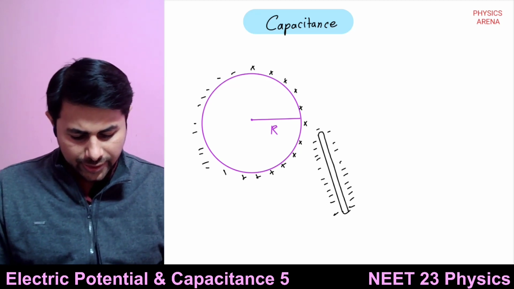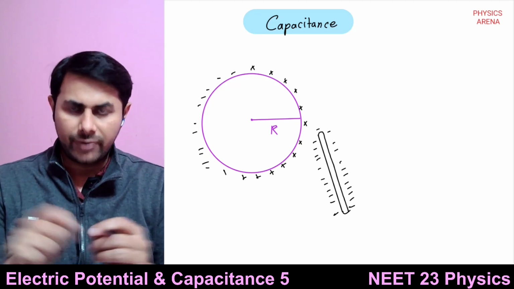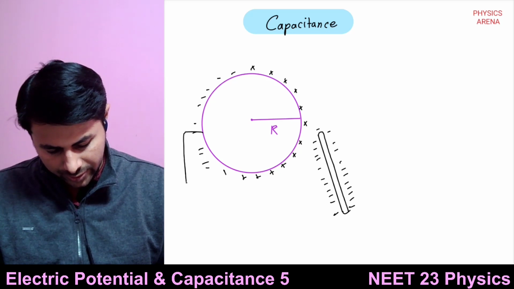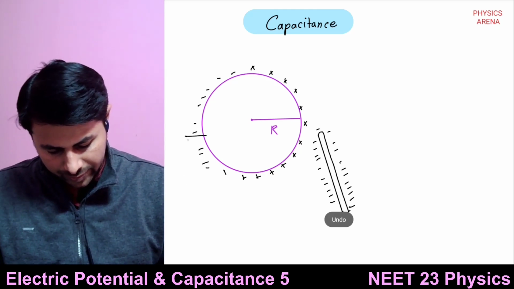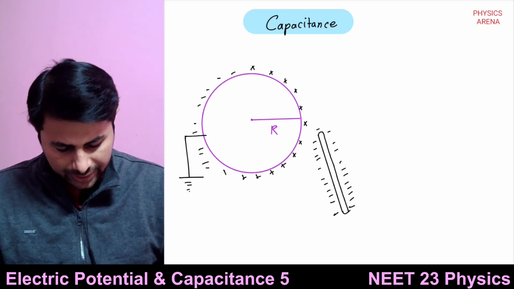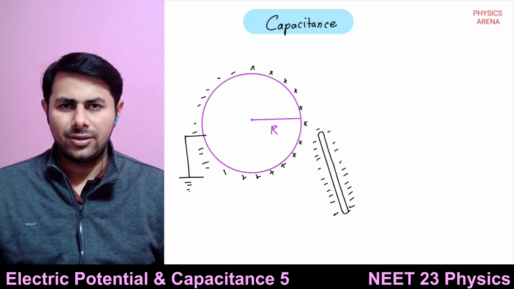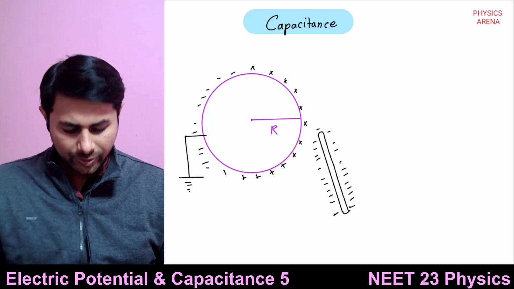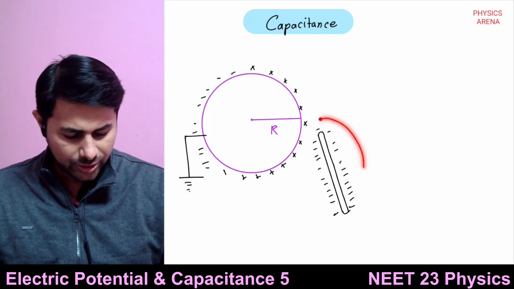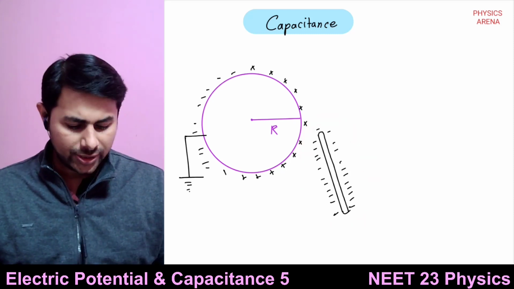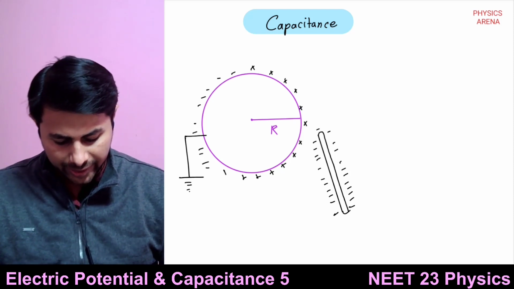And then what you do is you take some wire. You connect it over here, and you remove that negative charge. So what will remain? And then you move this rod away. So what will remain?